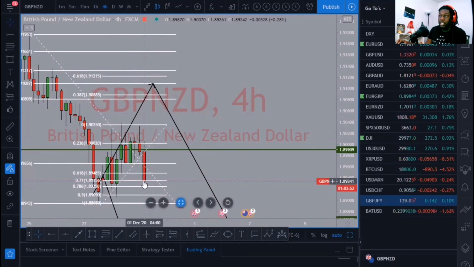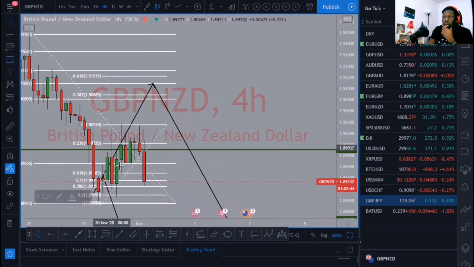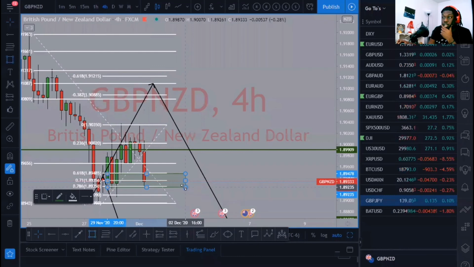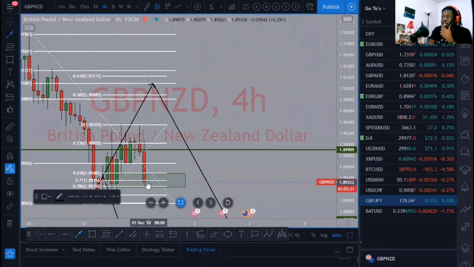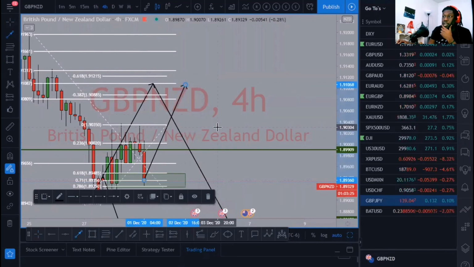This is actually a pretty nice entry for a buy if you're looking for buys on this. It's really nice, I like it. This is for those who want to trade it. I'm not personally going to get into this, but I would love to see price come up from where it's at currently.